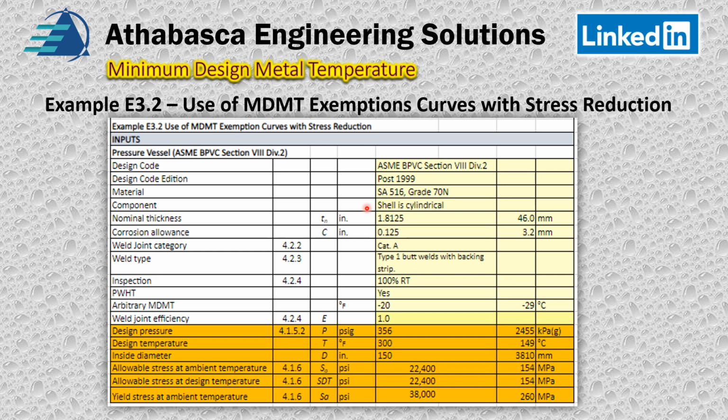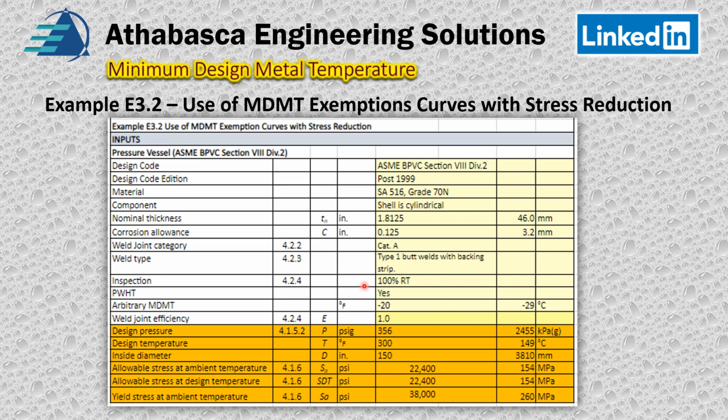It's the shell to head joint, which is a Category A type of joint. We have the thickness shown here and the corrosion allowance. We're using a Type 1 weld with a backing strip, and inspection is 100% RT.